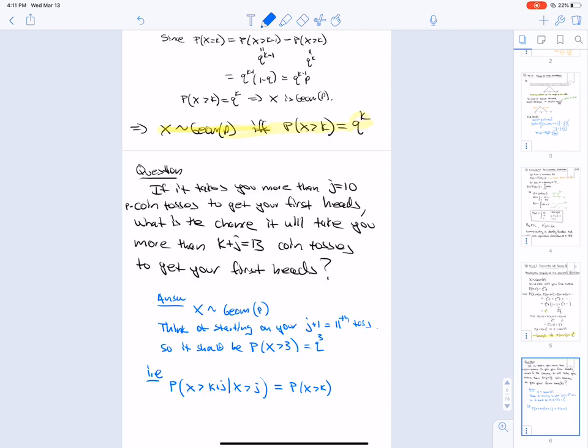So in other words, we should get q cubed. What I'm saying here is that the conditional probability that X is greater than k + j, given X greater than j, is equal to the probability that X is greater than k. So that is the memoryless property of the geometric.